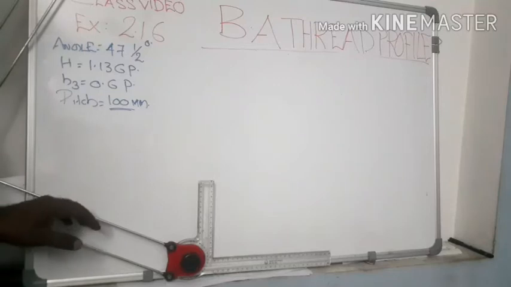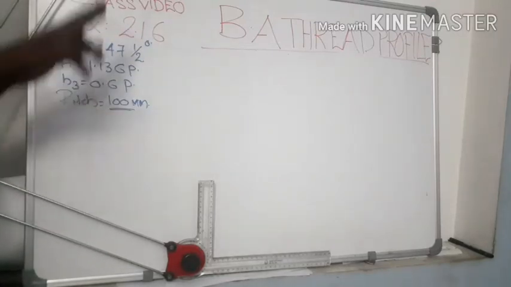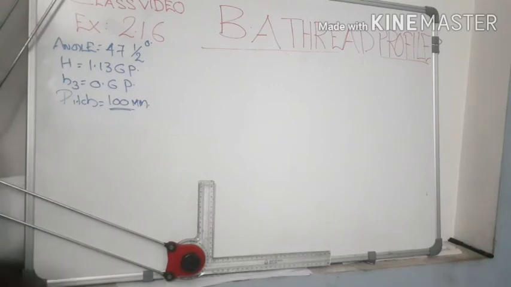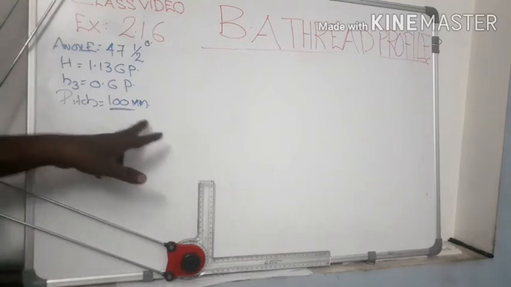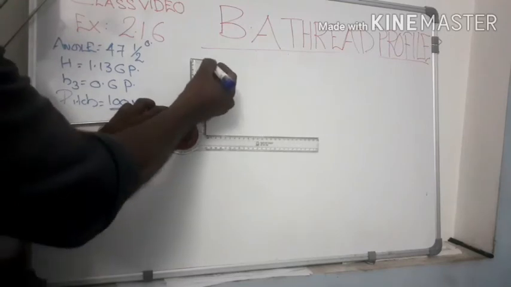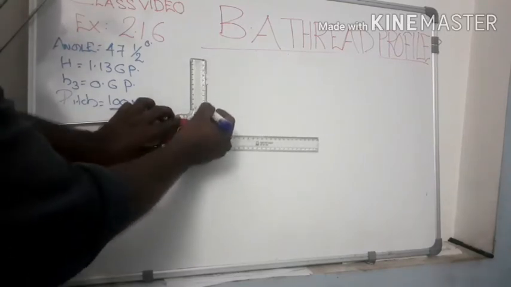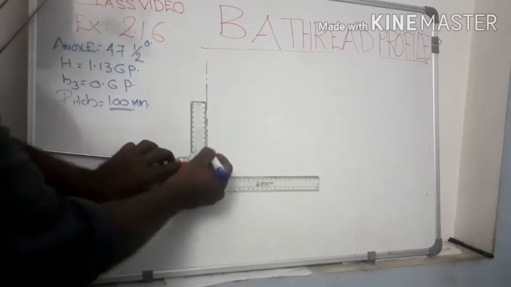As in the previous classes, using these parameters, we first draw three or more vertical center lines, keeping 100 mm apart. First, using the mini drafter, draw a vertical center line.